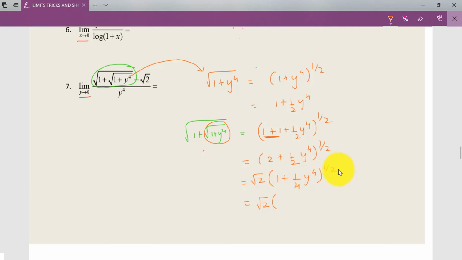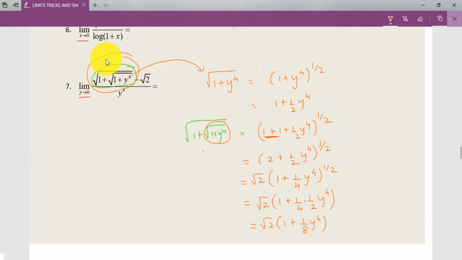So 1 plus 1 divided by 4 as it is, into 1 divided by 2, that is n, times y power 4. Getting? Okay. Now this gives me the square root of 2 times (1 plus 1 by 8 y power 4). Now I have evaluated this particular thing.